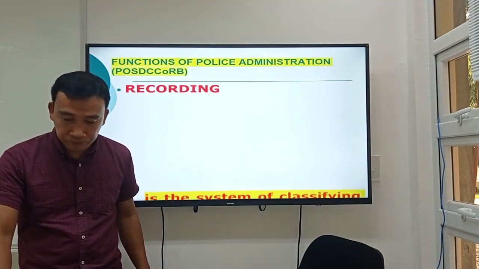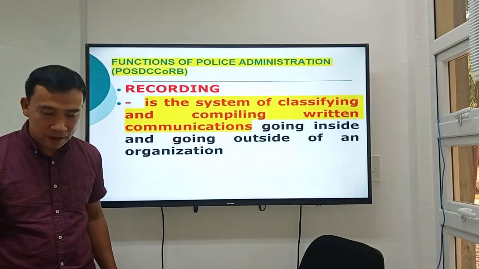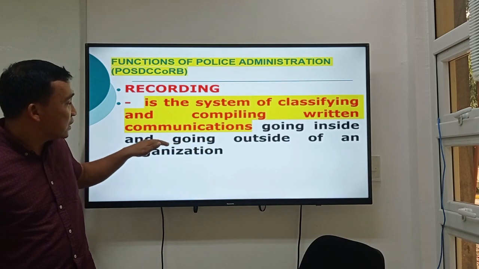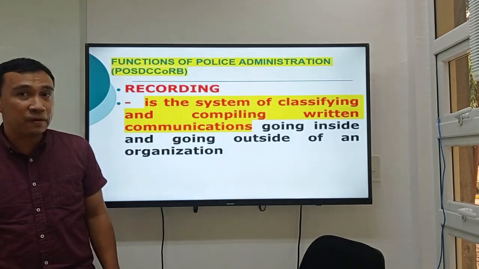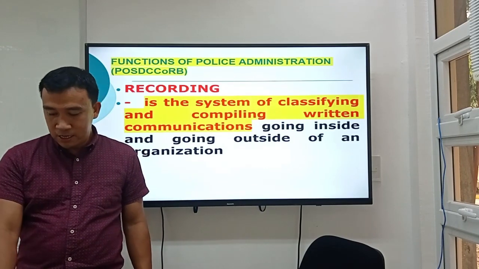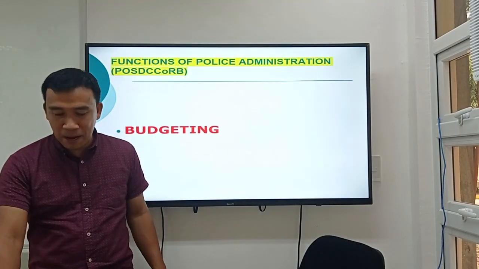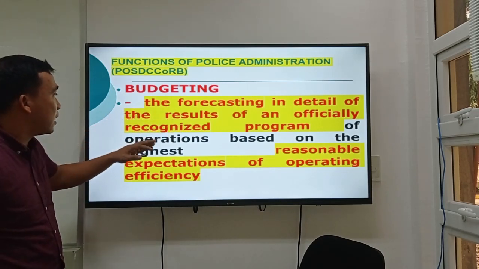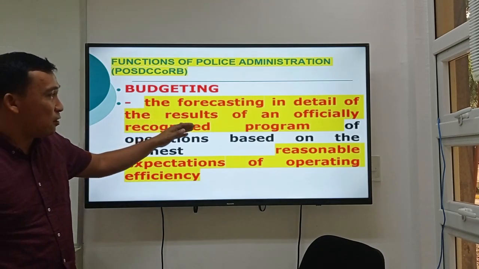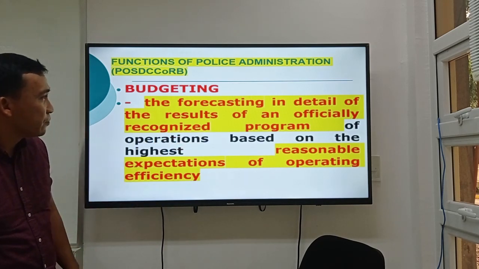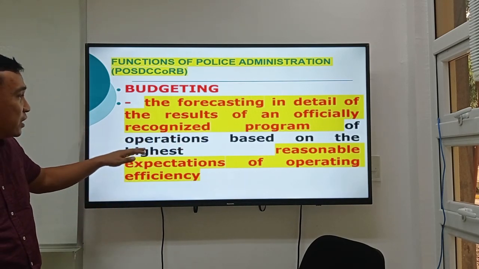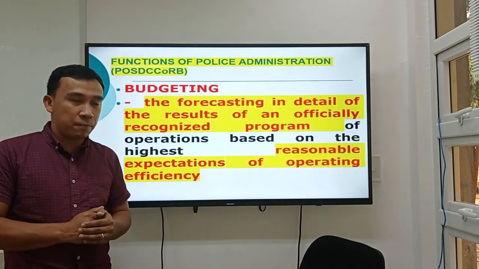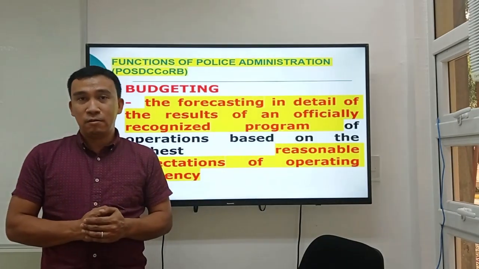Another is recording. It is the system of classifying and compiling written communications going inside and going outside of an organization. Okay? Next, last one is budgeting. Budgeting means it is the forecasting in detail of the results of an officially recognized program of operations based on the highest reasonable expectations of operating efficiency.